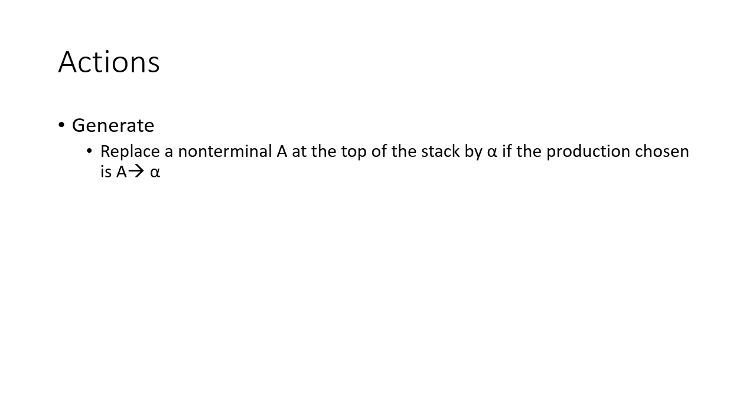So if I have a production like this, and the non-terminal symbol at the top of the stack is A, and I choose to use this production, then I can replace A by alpha. This is the generate step or generate action.